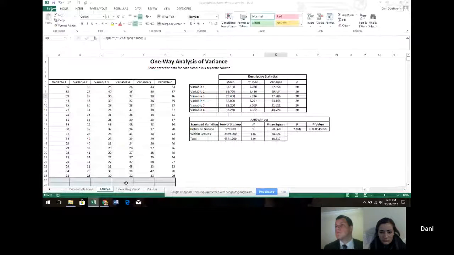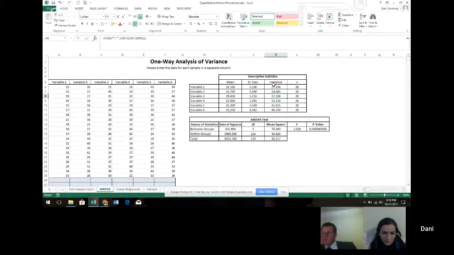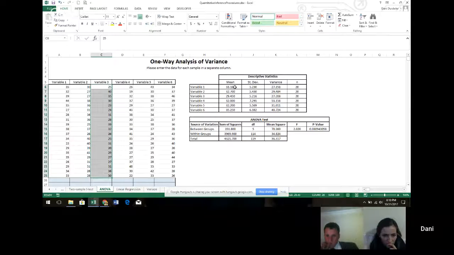Okay, so you get your variances right here, and number 3 is 27.208, and that's all the data from this. So this is their individual means and their individual standard deviations and their individual variances. And all of this down here is when you've combined them. Does that make sense?